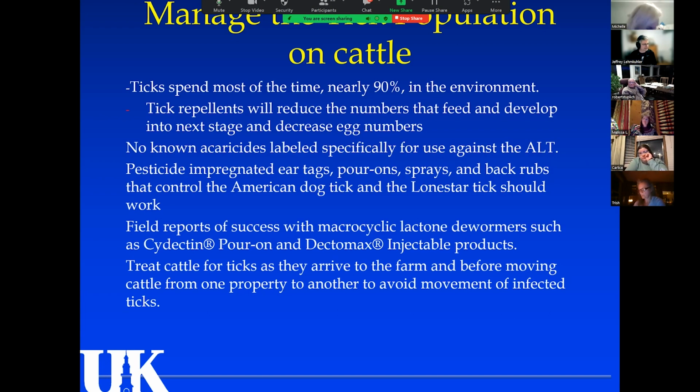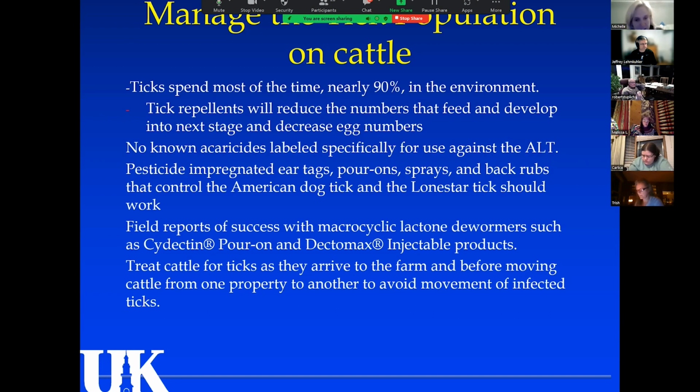And Michelle asked, what is the best schedule for thinking about 7-way, 8-way vaccines? And maybe we need to define 4 or 5-way versus 7 or 8-way. Right. When we think about 7 or 8-way vaccines, most of the time those are the blackleg vaccines or the clostridials, and we definitely want to get those into our calves because they're the most susceptible.